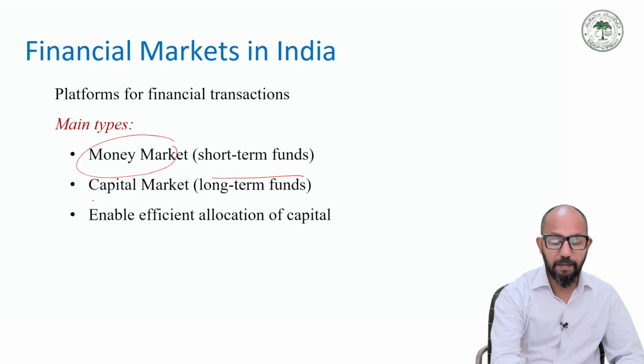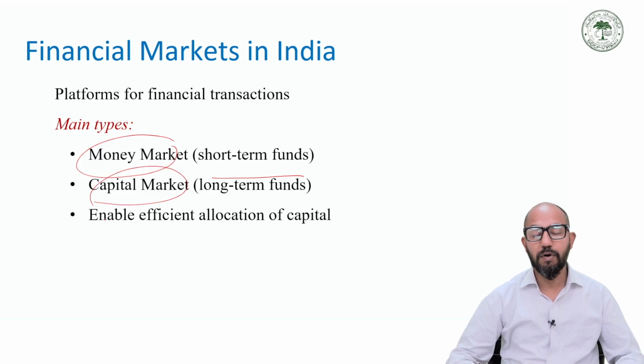And then we have the capital market, which is a market for investing in long-term funds and returns are expected over a longer period. The financial markets in India, when they become unorganized and divided into types of functioning, this makes them unable to efficiently allocate capital.